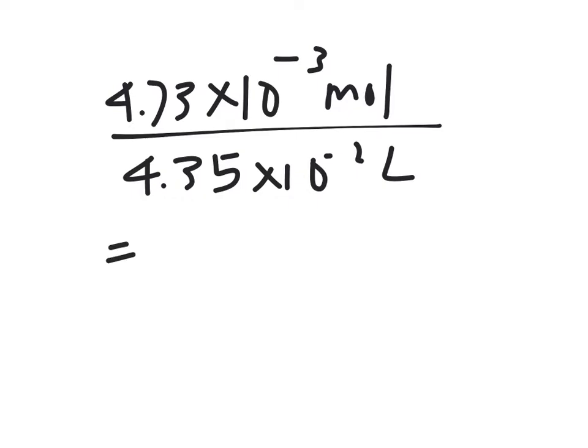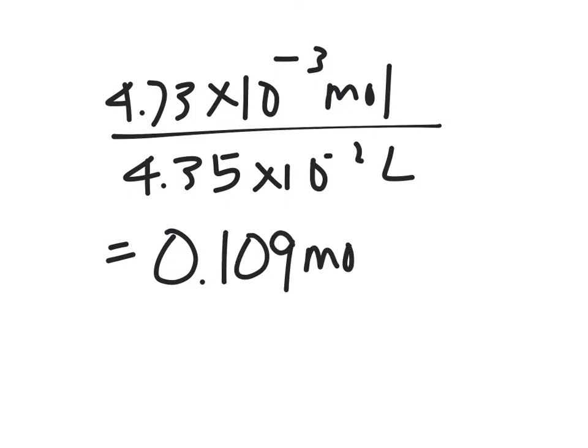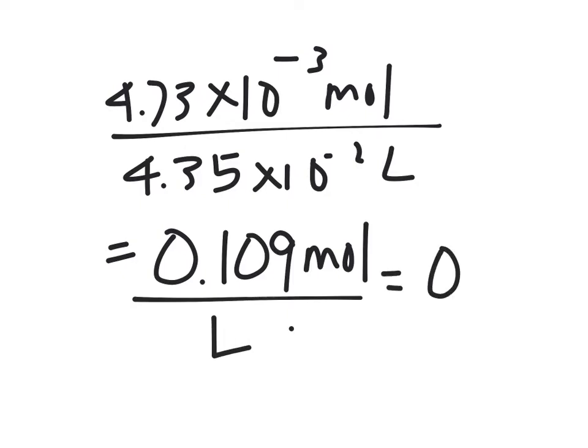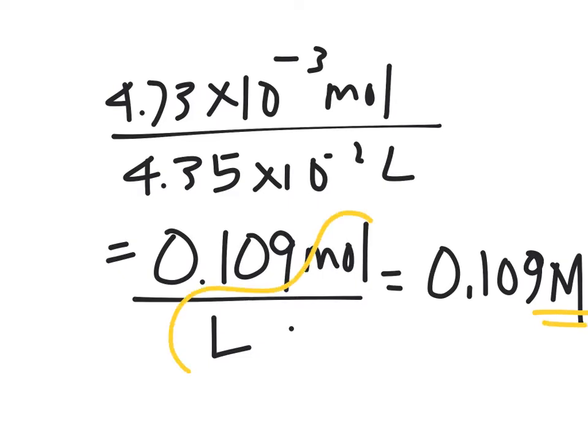If I do that math, I get that my solution has a concentration of 0.109 moles of thujone for every liter of solution. We also call that a 0.109 molar solution. Anytime you see a big M, it is the same thing as moles per liter.